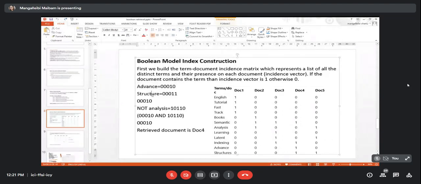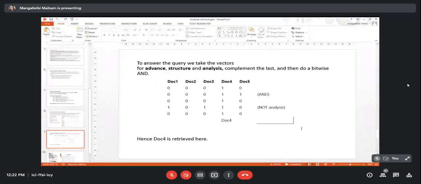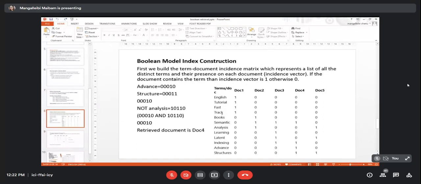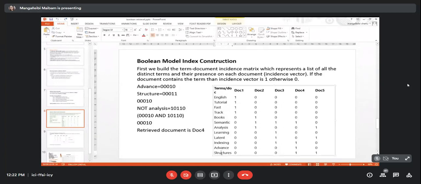Now coming to the second one, structure. For structure also we have already constructed the document matrix. From the document matrix you can check from here. For structure it is 0, 0, 0, 1 and 1.